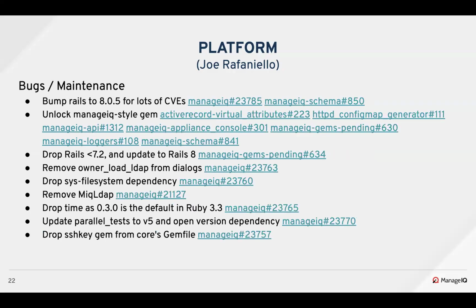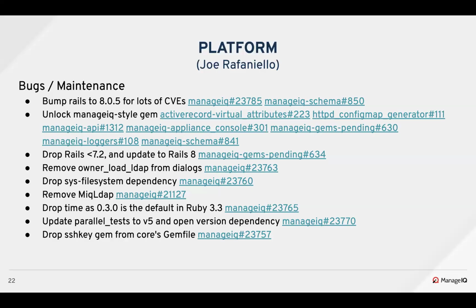For bugs and maintenance this sprint, Jason bumped Rails to 8.0.5 in multiple repos to address lots of CVEs. He also unlocked the ManageIQ style gem dependency across several repositories. He dropped Rails versions less than 7.2 and updated to Rails 8 in gems pending. He removed owner LDAP from dialogues.